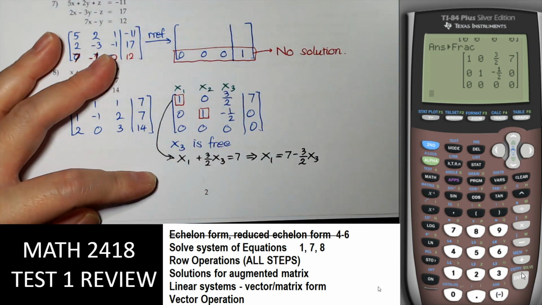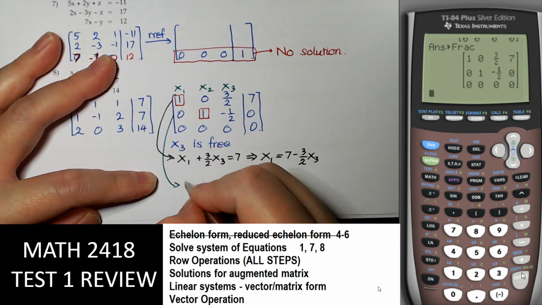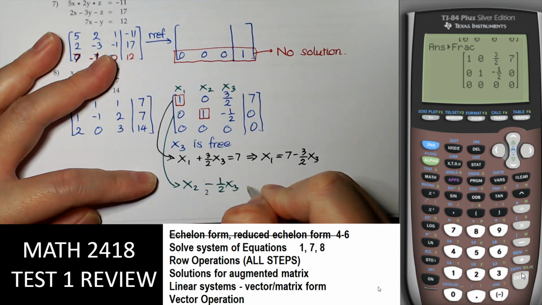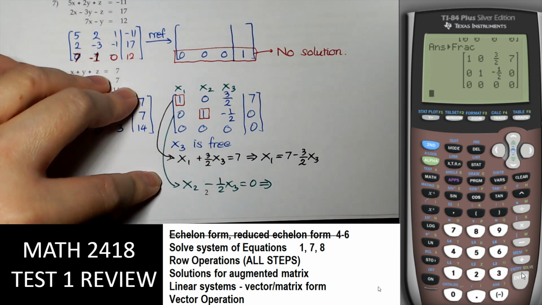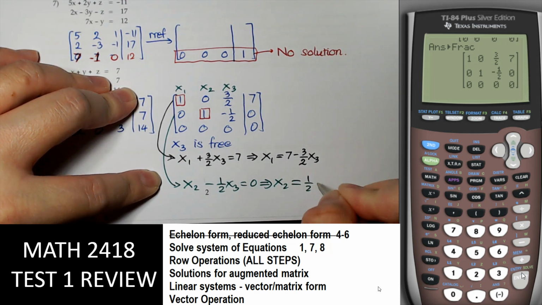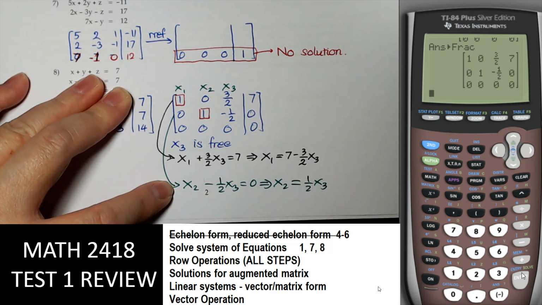And then for this one we have x2 minus 1 half x3 equal to 0. So move the 1 half x3 on the other side. We have x2 equal to 1 half x3, and x3 is free.